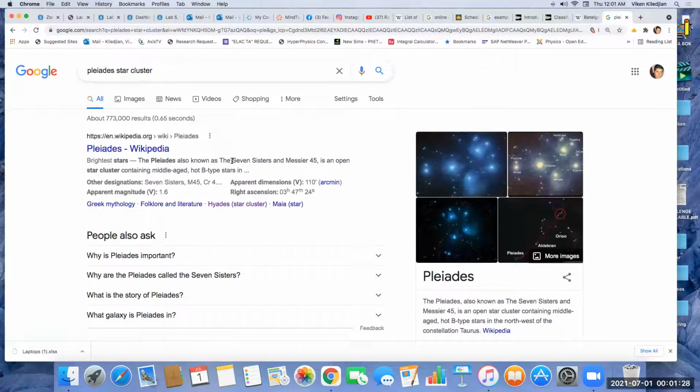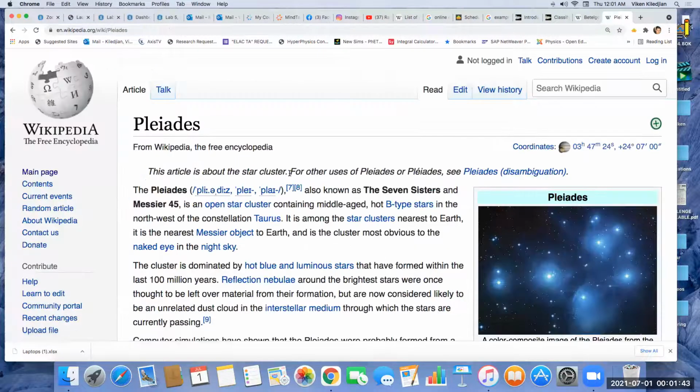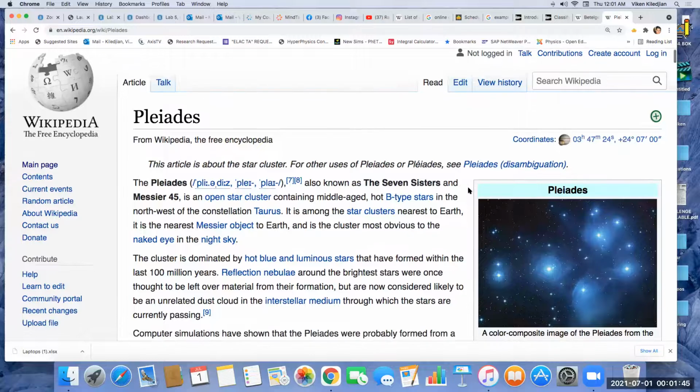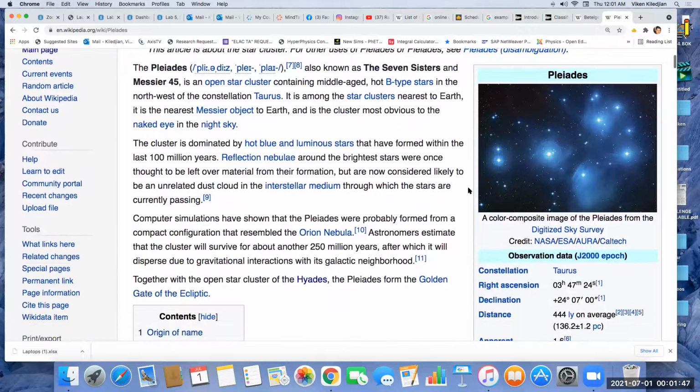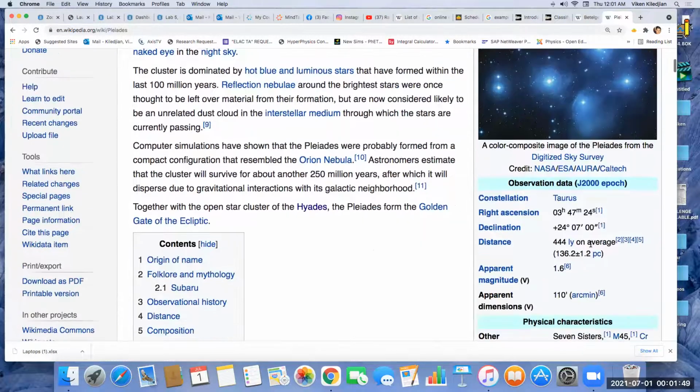So the Pleiades, also known as the Seven Sisters and Messier 45, is an open star cluster containing middle-aged hot B-type stars. You see? So these are called the Seven Sisters. And they're both in the Taurus constellation. Okay? And the distance to this guy is 136 parsecs away.